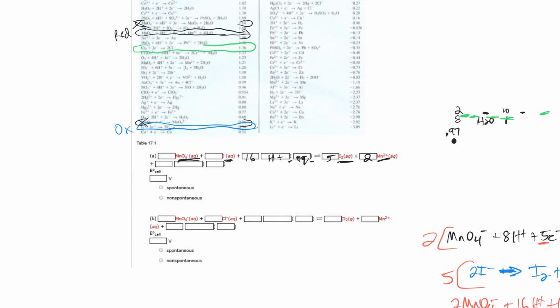Here it is. It's written, of course, reduction style in the table of standard reduction potentials, but that's going to be our oxidation reaction. So we're going to have it flipped around. The voltage as listed in the reduction table is a positive 1.36, but when we write it as an oxidation reaction, it'll be a negative 1.36.